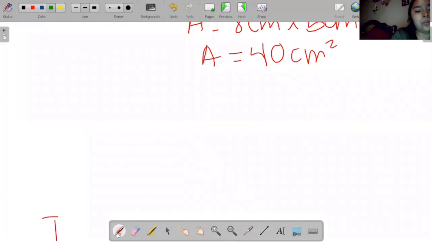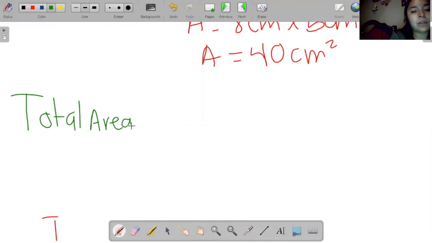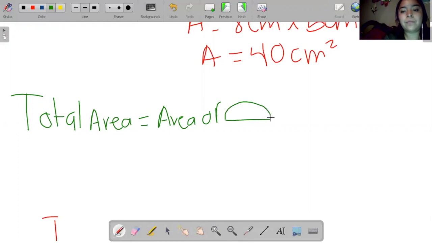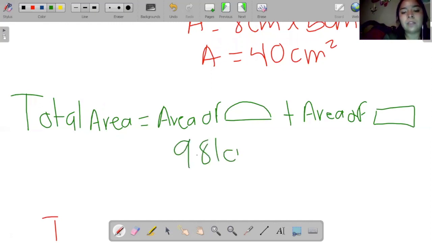The total area is the area of half of a circle plus the area of the rectangle. The area of half of a circle was 9.81 centimeters squared plus 40 centimeters squared.